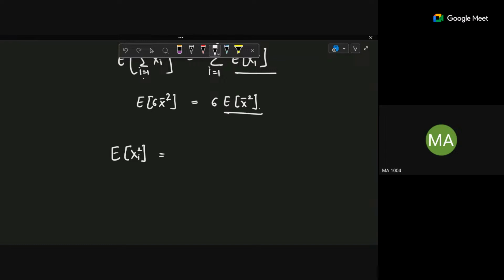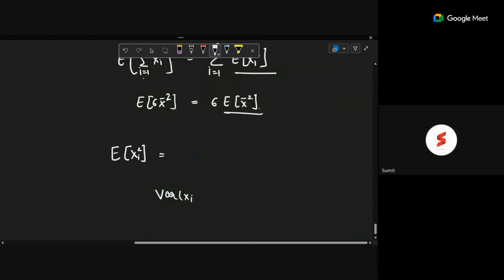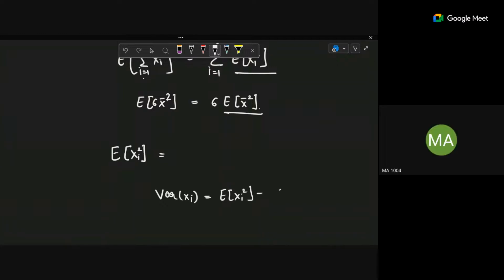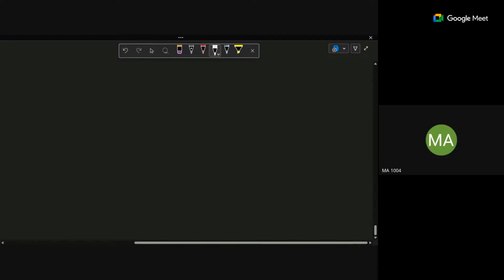Do you know anything that will help to calculate this expectation of xi square? Just remember the formula of variance of xi: variance of xi is equal to expectation of xi square minus expectation of xi the whole square, right? Expectation of xi we know.